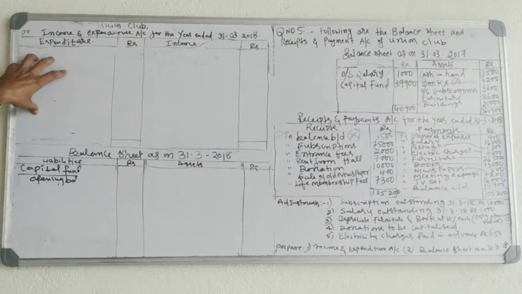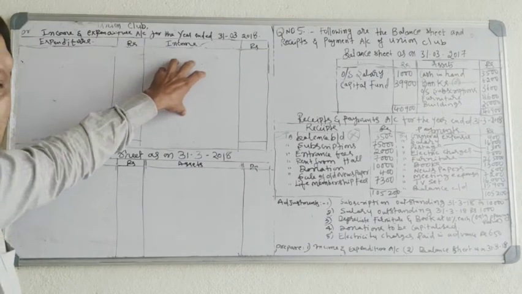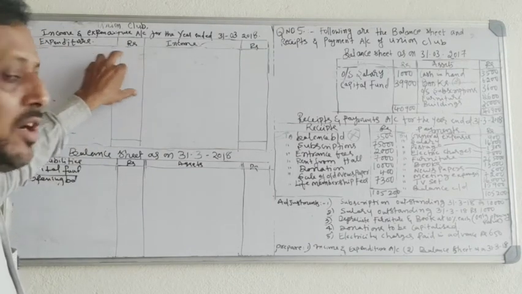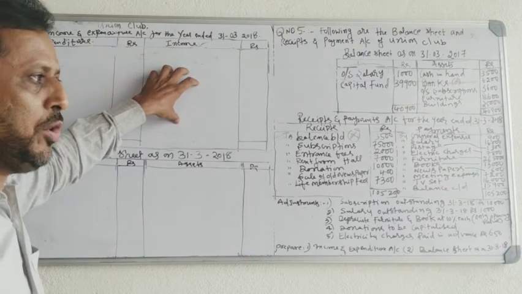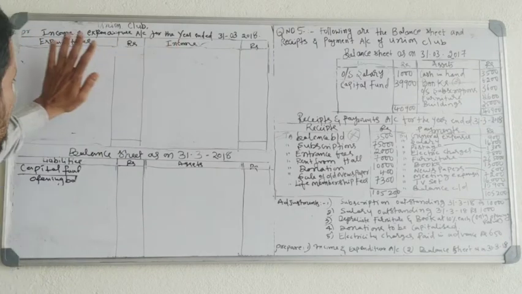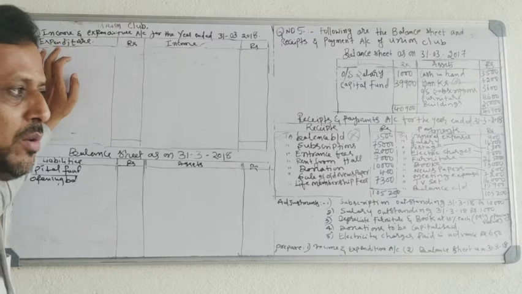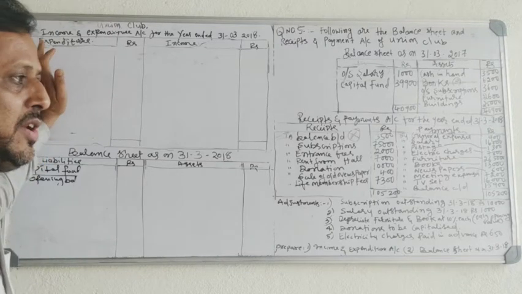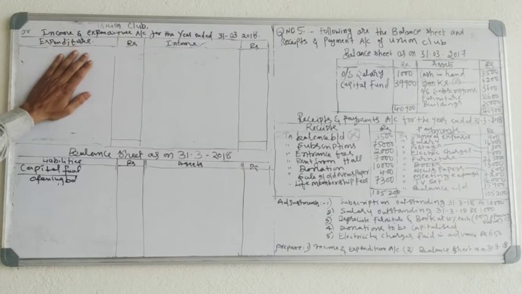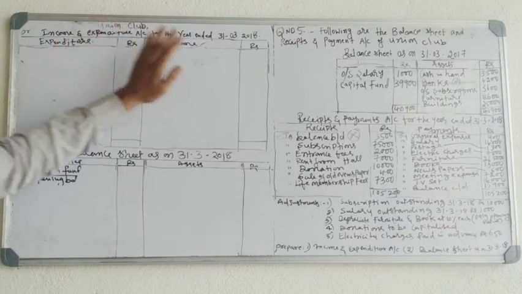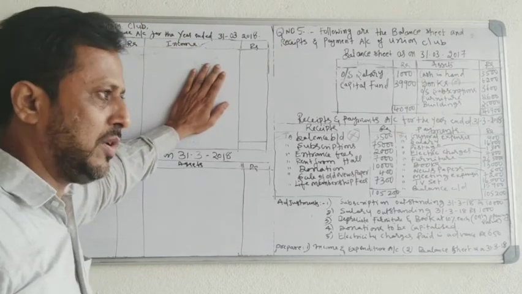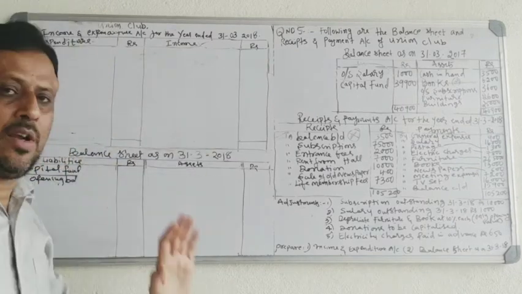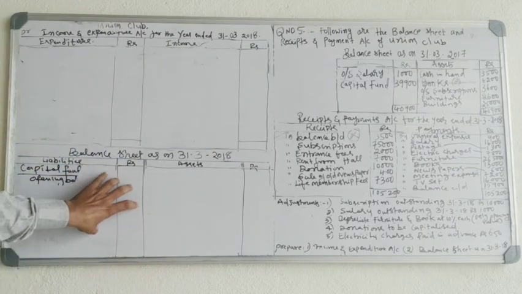On the debit side you have expenditure, on the credit side you have incomes, and this will come under nominal account. You have to write all the revenue expenses on the debit side. The rule of nominal account is debit all expenses and losses, credit all incomes and gains. So debit all the revenue expenses, credit all revenue incomes, and assets and liabilities show in the balance sheet.